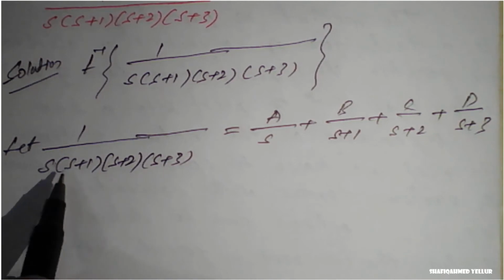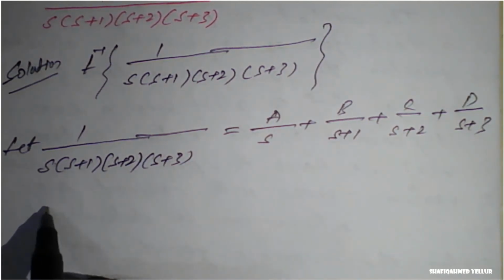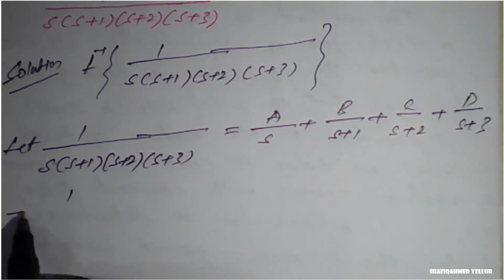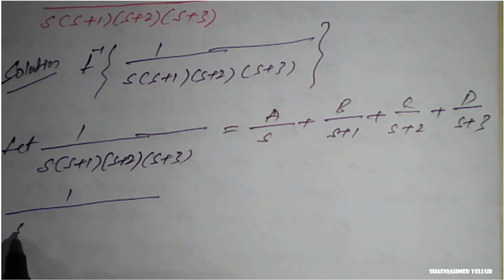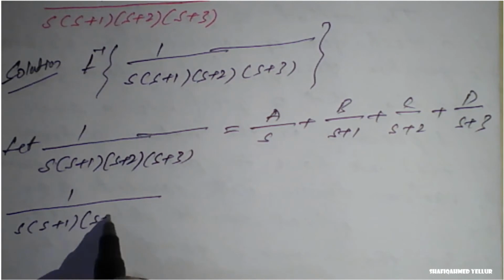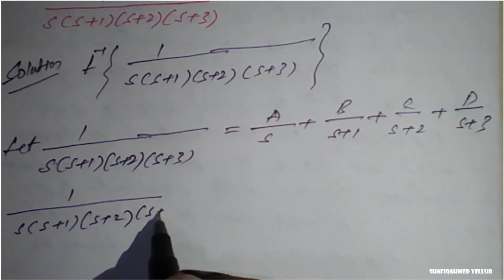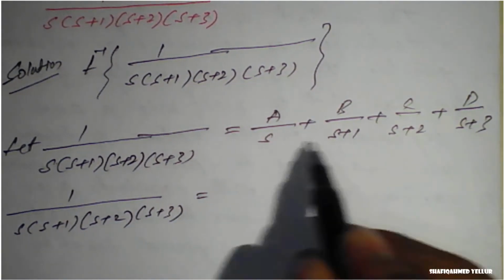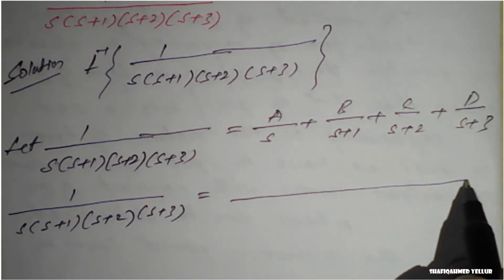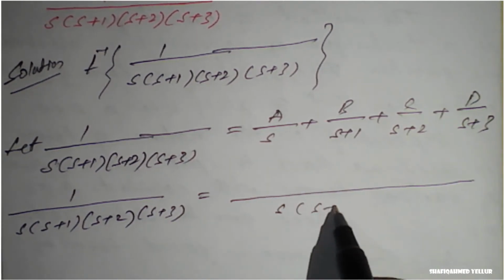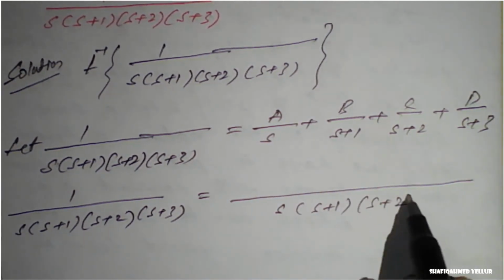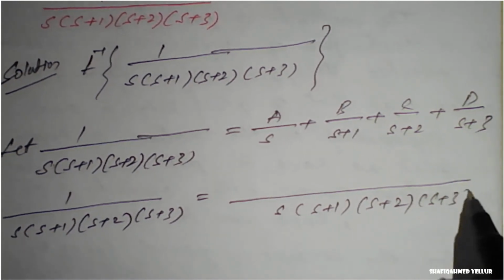Now, by taking the LCM on the right hand side, we have the left hand side as it is, 1 upon s into s plus 1, s plus 2, s plus 3, and on the right the LCM is s, s plus 1, s plus 2, s plus 3.